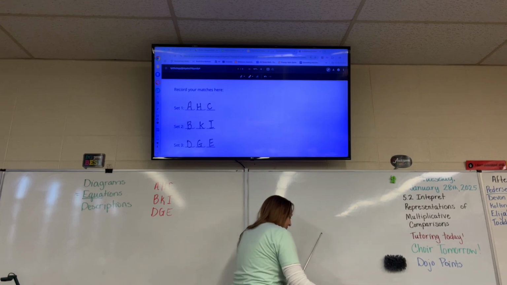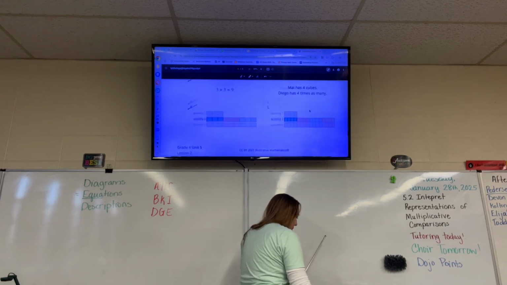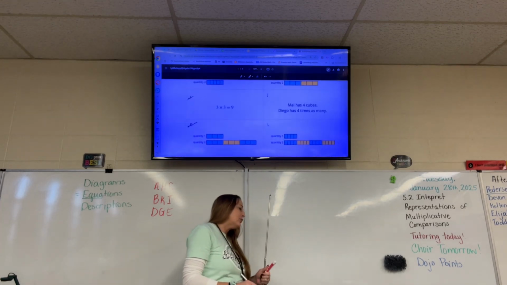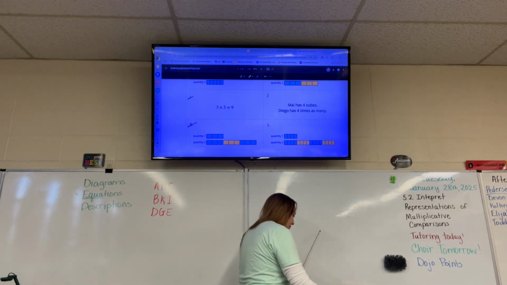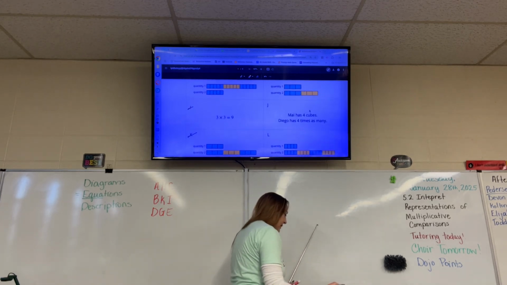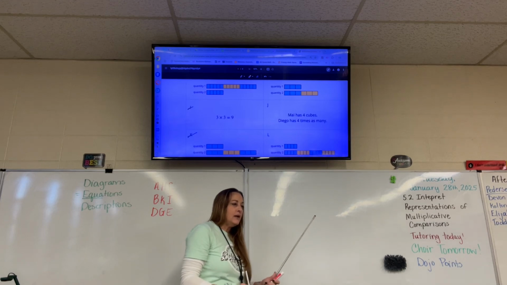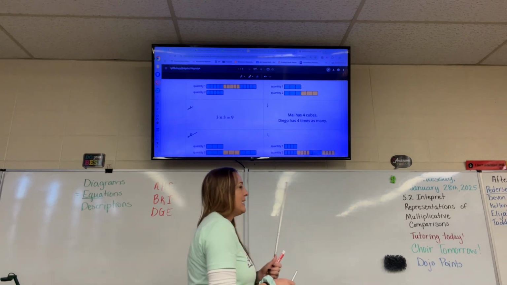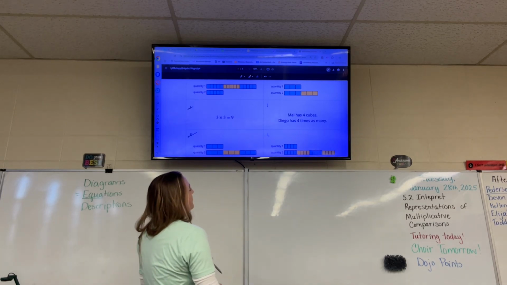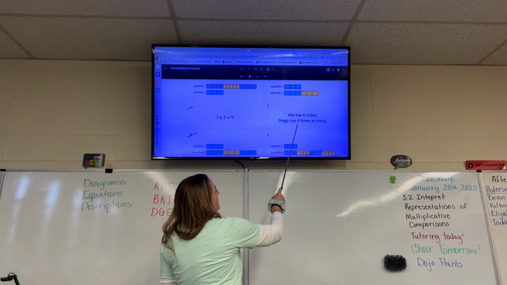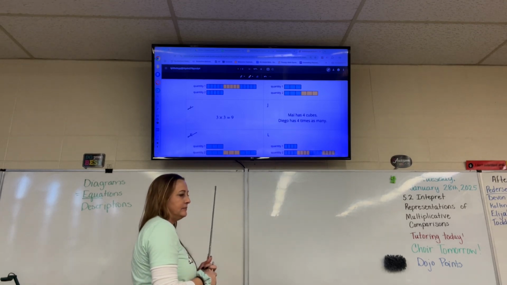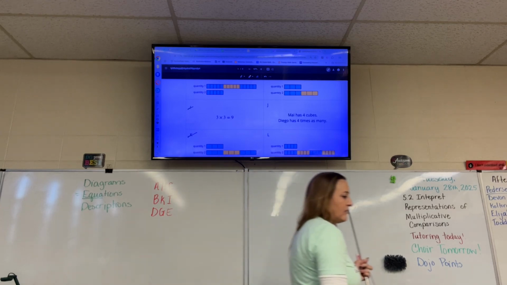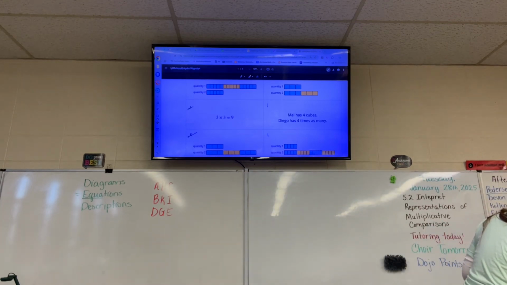And then we have one more description. It says Mai has 4 cubes and Diego has 4 times as many. Olivia, what diagram would match with that? 4 cubes and 4 times as many. We've already used F. Oh, that, no, we haven't. That's the equation.